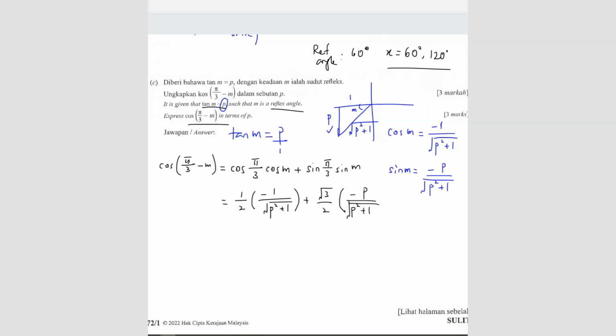Just expand this, and your answer is negative 1 minus root 3 P over 2 times the square root of P squared plus 1. This should be your answer. Alright, next.